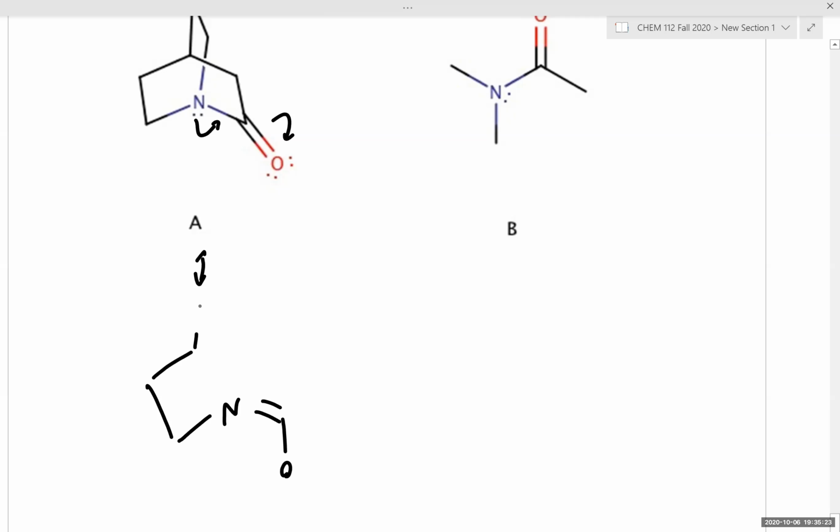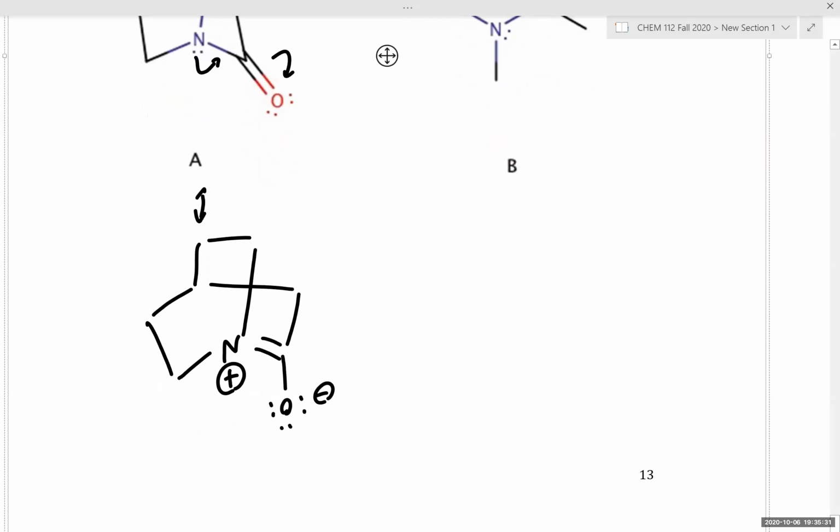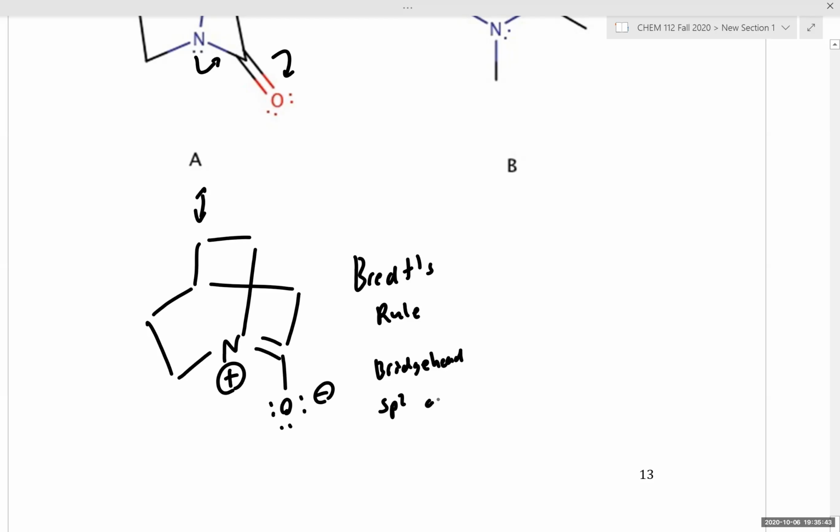And I'm really surprised not many people made a model of this, because it's pretty obvious when you make a model that this structure is not very stable. So in general, following what's known as Bredt's rule, bridgehead sp2 atoms are geometrically not allowed.